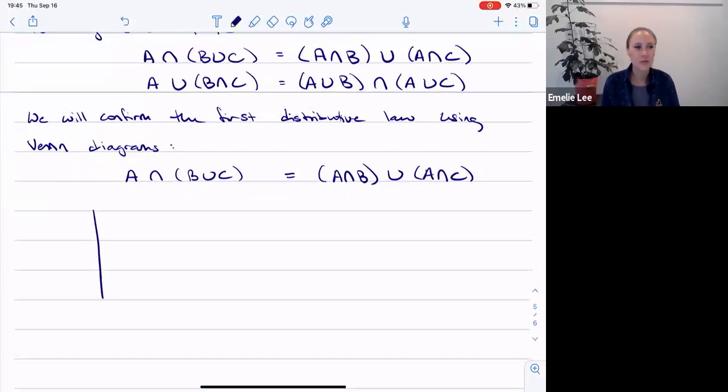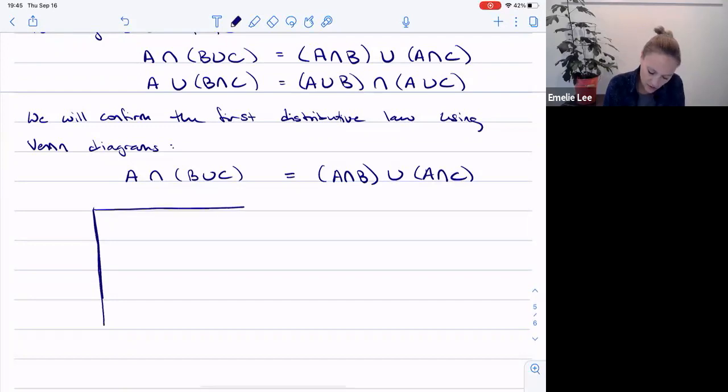Oh, I guess this is our first time that we see 3 sets in a Venn diagram. What's really important is that you want to have all 3 sets sharing some overlap, right? And this is just to visualize things. There are cases where there is no overlap between 2 of them, but then you just wouldn't shade it in, right? And so just in general, for 3 sets, we're going to draw them like this.